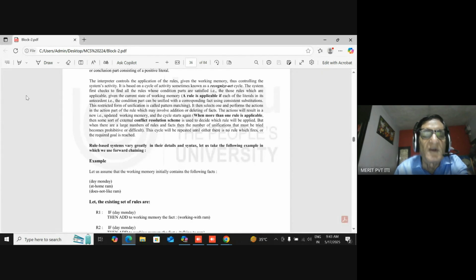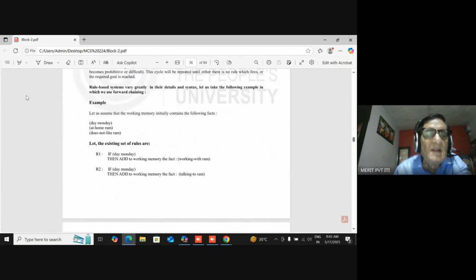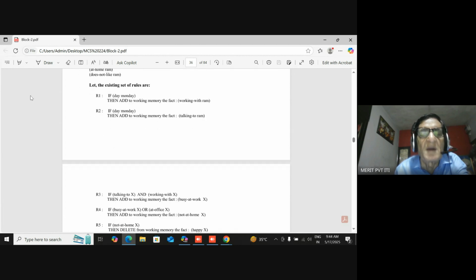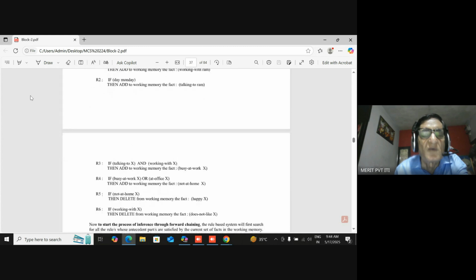Let us take the following example. Let us assume that the working memory initially contains the following: day Monday, at home RAM, RAM does not like RAM. If day Monday, then add to working memory the fact working with RAM. If day Monday, then add to the working memory the fact talking to RAM.